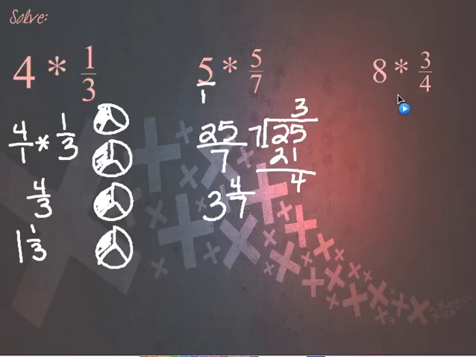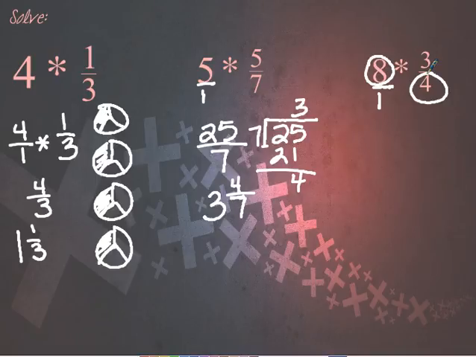And last but not least, 8 times 3/4. So I put the 8 over 1. Now here's something that we can do that will allow us to simplify our answer right off the bat. So if you're confused by this, don't worry, you don't have to do it, but I want to put it out there for those of you that are ready for this step. I have 8 and 4, and 8 is a multiple of 4.